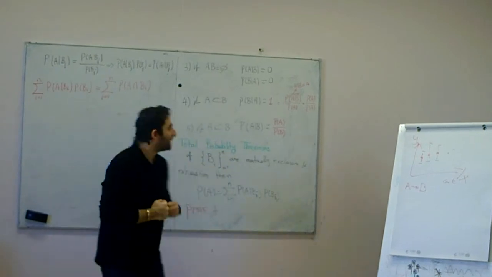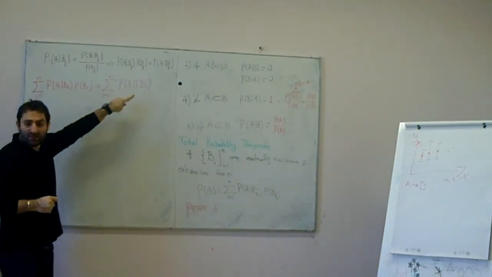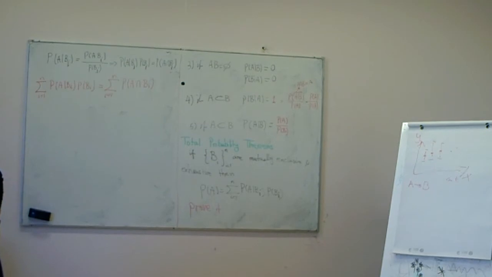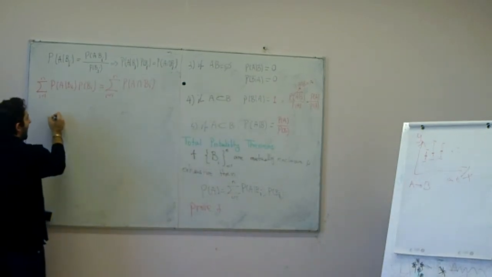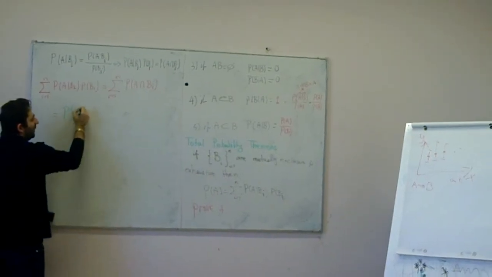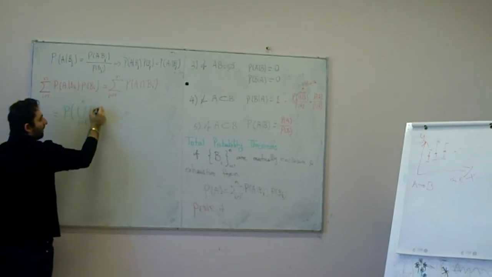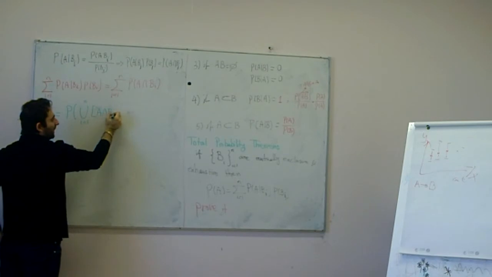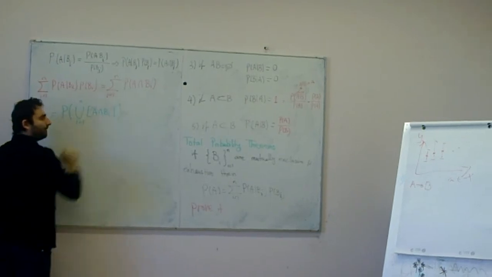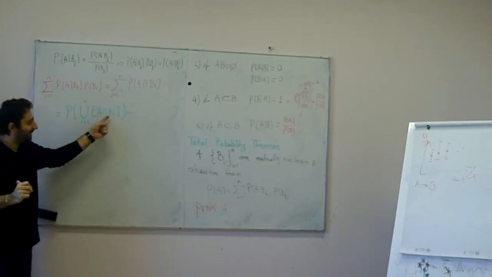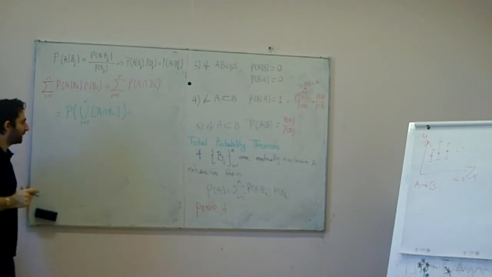So it means the summation of the probabilities is actually the probability of the union of A intersected with Bi's, because A intersected with Bi's are mutually exclusive.